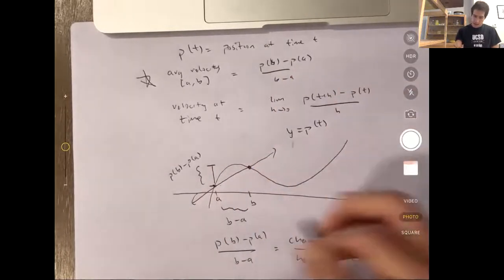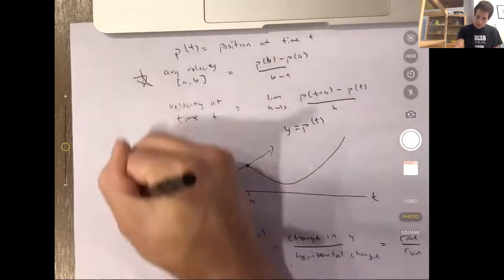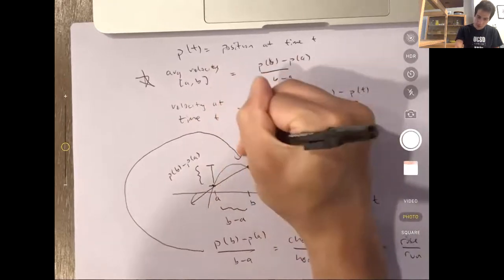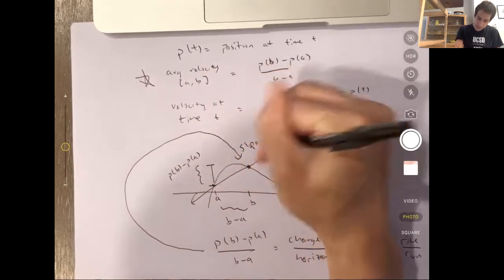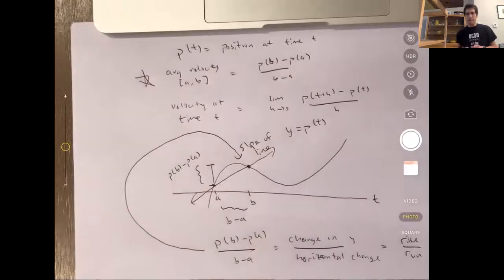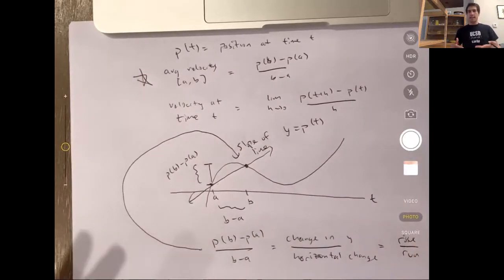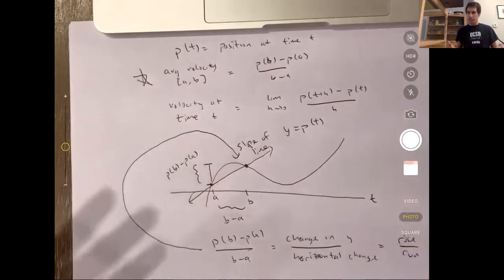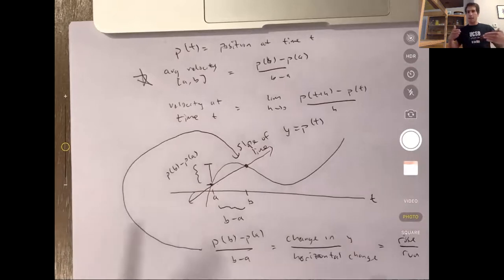The average velocity is the slope of this line. That's how you should think of average velocity. If I have my function, which is telling me my position at time t, then the average velocity between 2 points is, well, I can plot the 2 points on the graph, take the line between them, and it's the slope of this line.